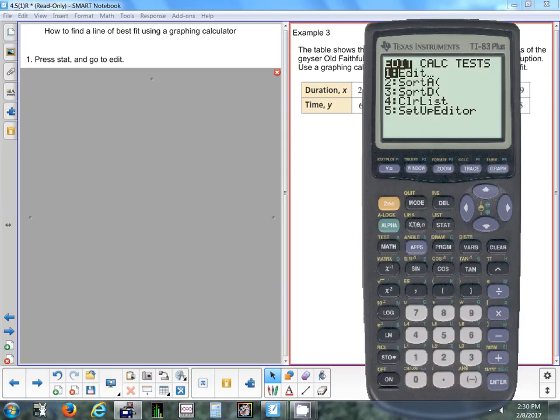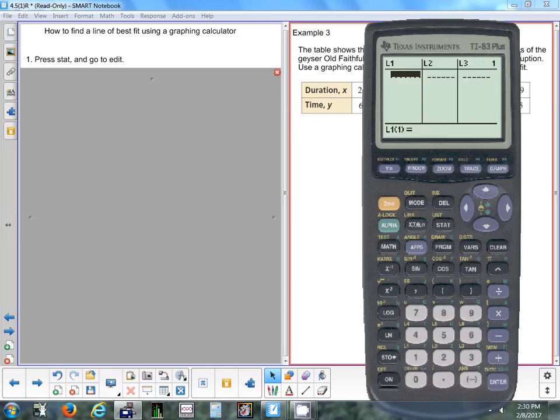Okay, what does it say to do after you press stat? It says go to edit. Is edit already highlighted on my calculator? Yes. So all you should have to do right now, if your number 1 is highlighted, is press enter. Is there anybody whose number 1 is not highlighted? Everybody's good?